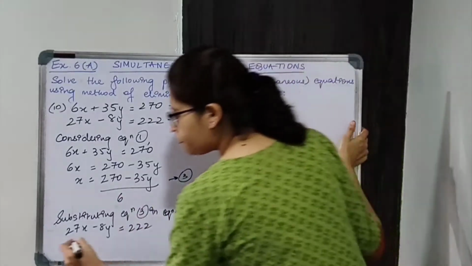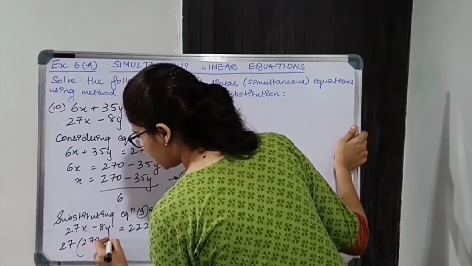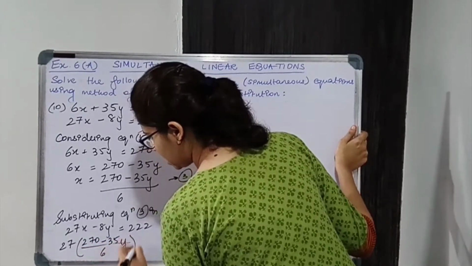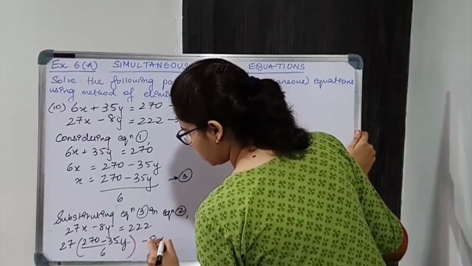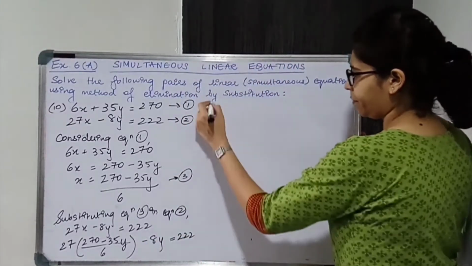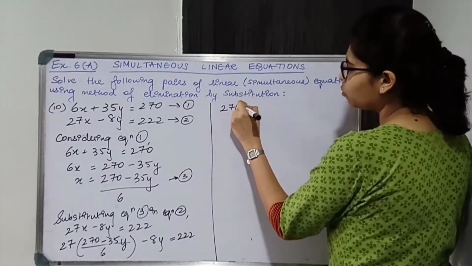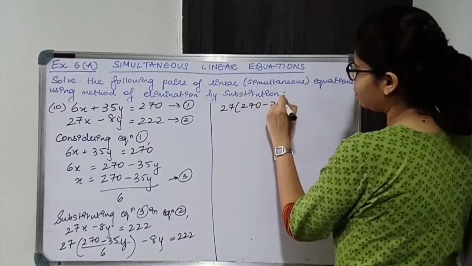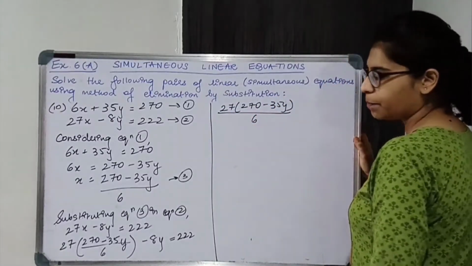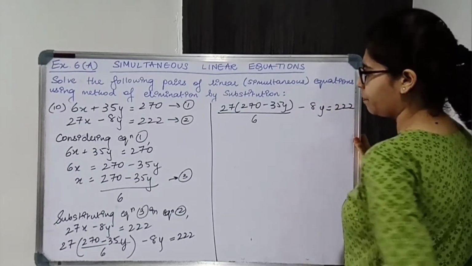So 27 into 270 minus 35y, the whole thing by 6, minus 8y is equal to 222. Now I can say it is 27 into 270 minus 35y, the whole thing upon 6, minus 8y is equal to 222.